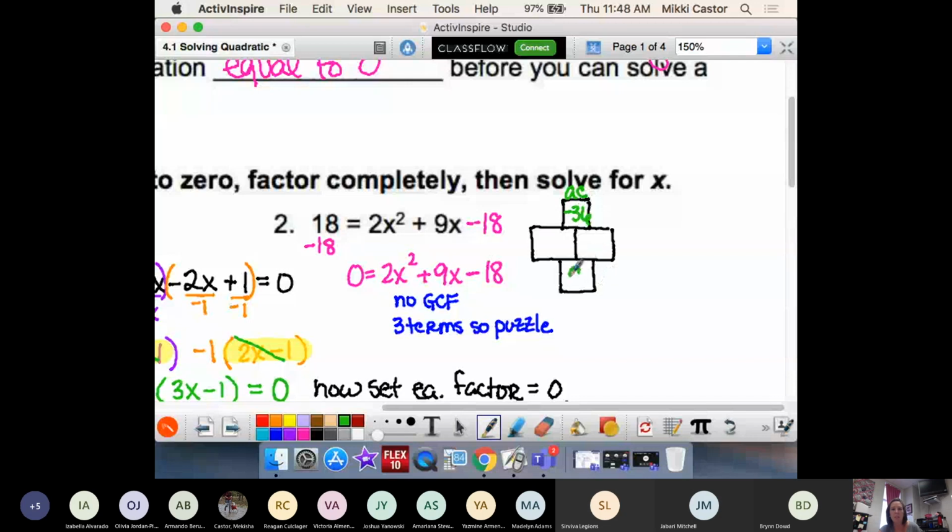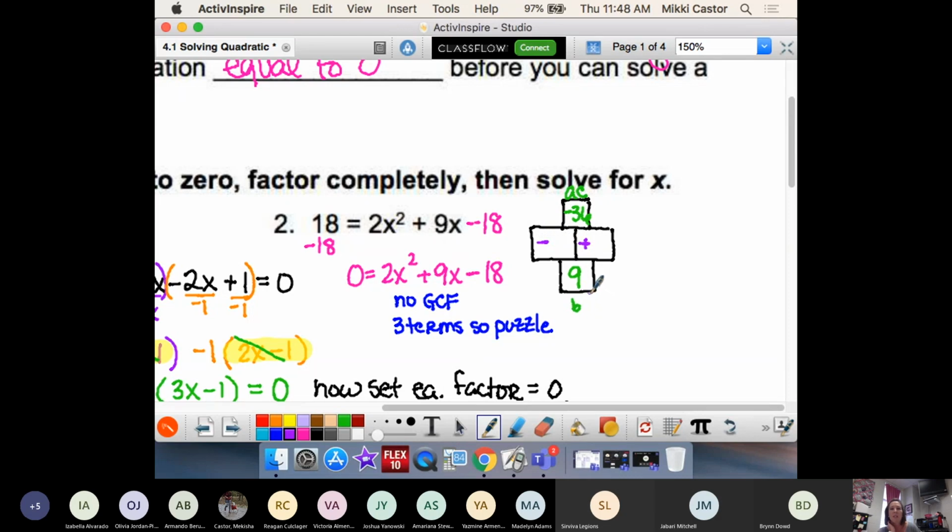The bottom box is your B value, 9. That's your B. So this time I'm looking for factors of 36 that would add up to 9. But notice it's a product that's negative 36, which means that one of my values has to be negative and the other one is going to have to be positive. To get a negative product, one has to be negative and one has to be positive.